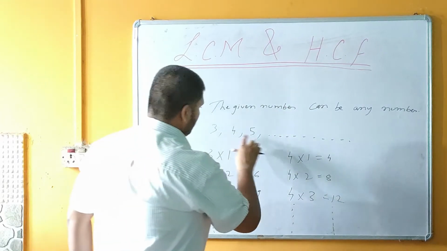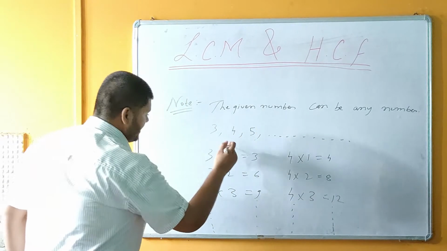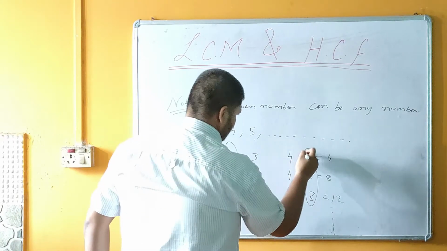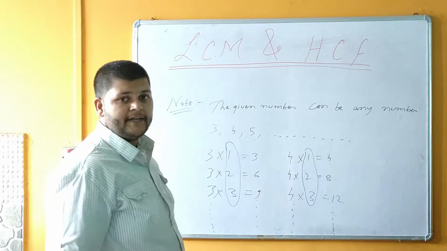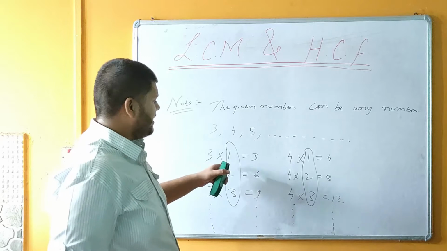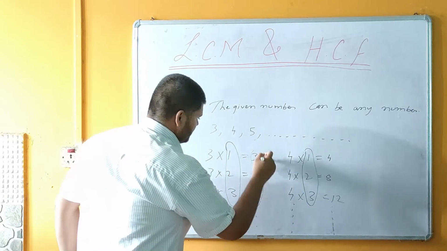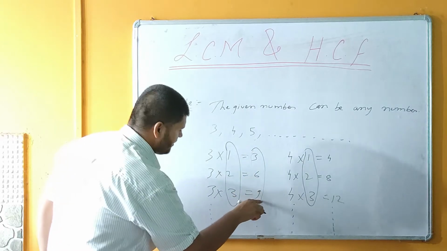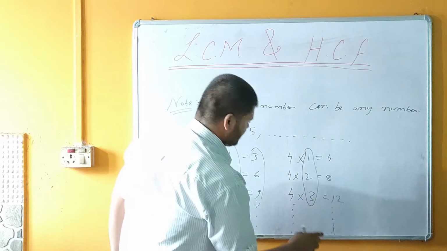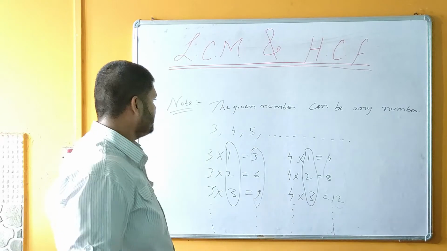So any number you take in place of the given number, you multiply it by the natural numbers 1, 2, 3, starting from 1 and going up to infinity. Any given number multiplied by a natural number produces a multiple of that number. So 3, 6, 9 are the multiples of 3, and 4, 8, 12, 16 are the multiples of 4. I hope you are clear with this note.